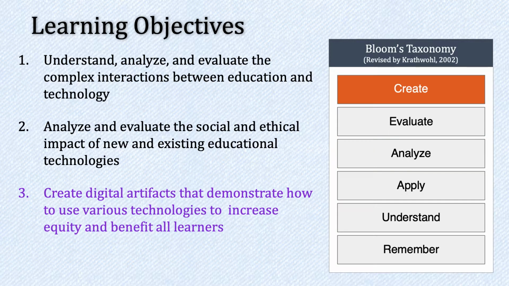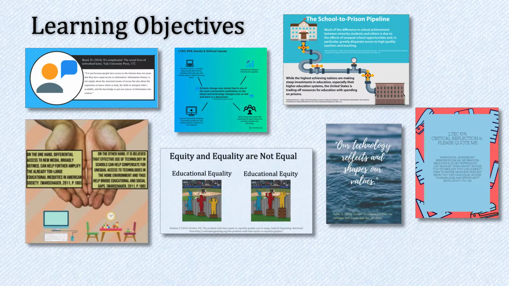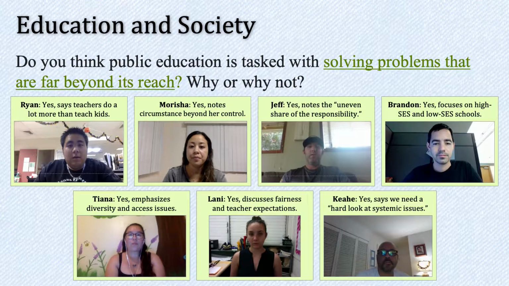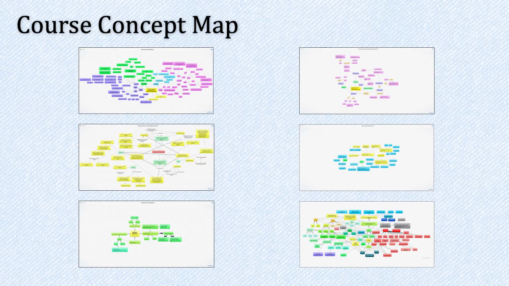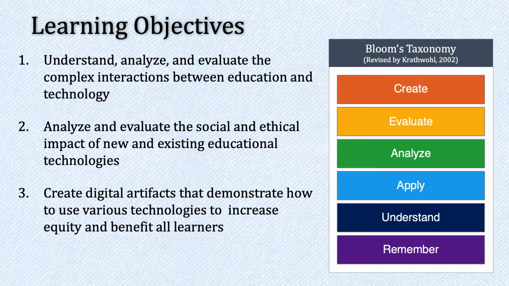And our third objective was to create digital artifacts that demonstrate how to use various technologies to increase equity and benefit all learners. Looking back, I hope you feel the course content and activities aligned with and helped us meet these objectives, and that we were able to move up and down all of the levels of Bloom's taxonomy.